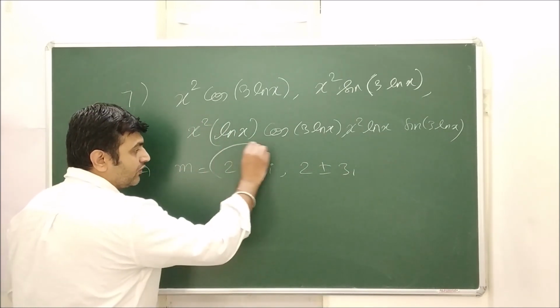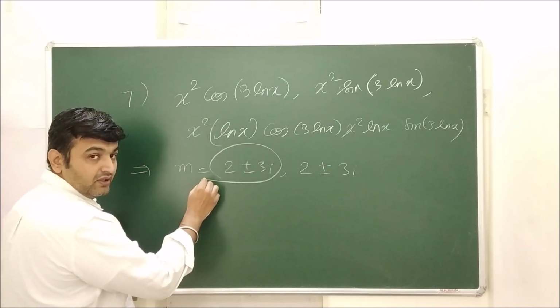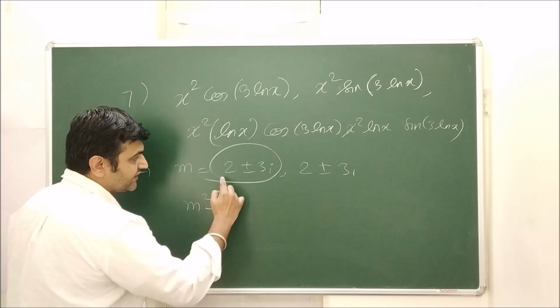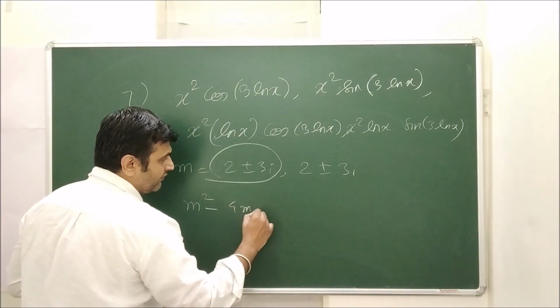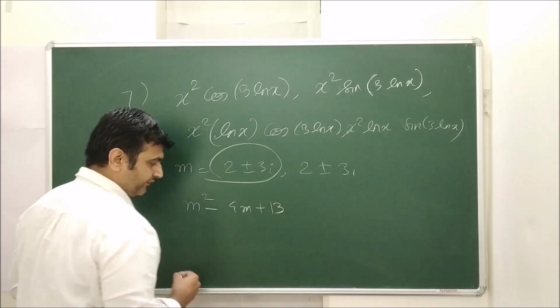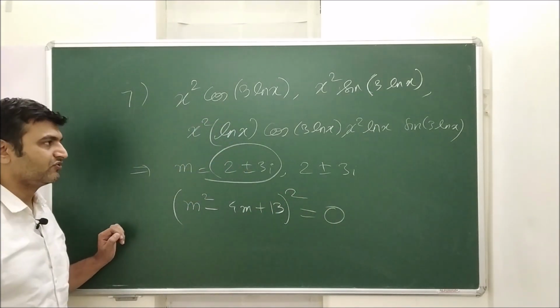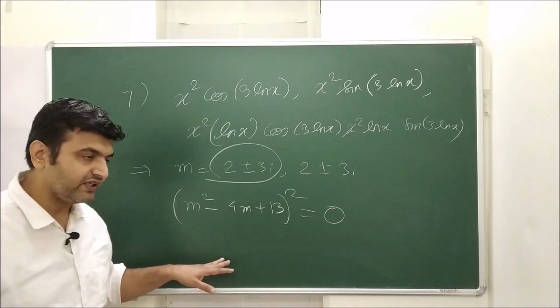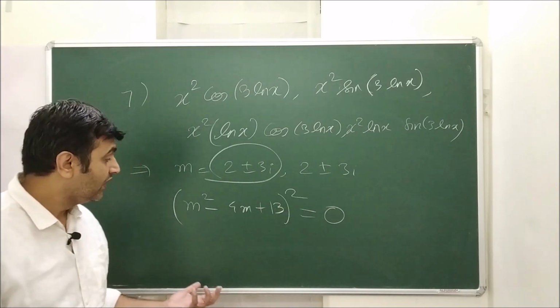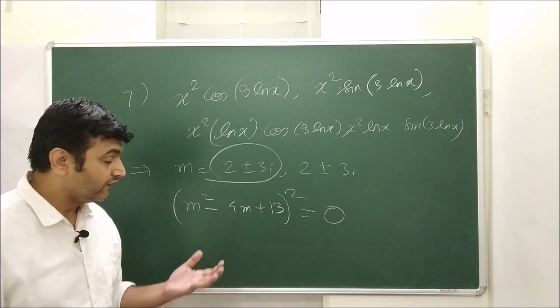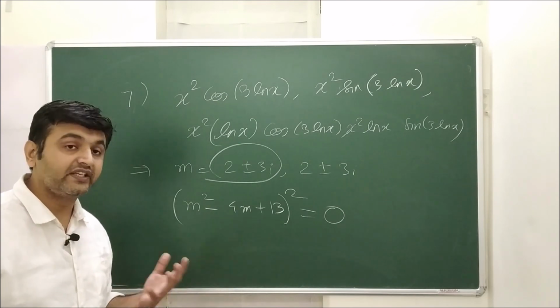So you find the equation for this. This is m square minus sum of the roots, 4m, plus product of the roots, and the roots are repeating. Now this is going to be quite big. You have to expand (a minus b plus c) the whole square. You will get the fourth degree auxiliary equation.